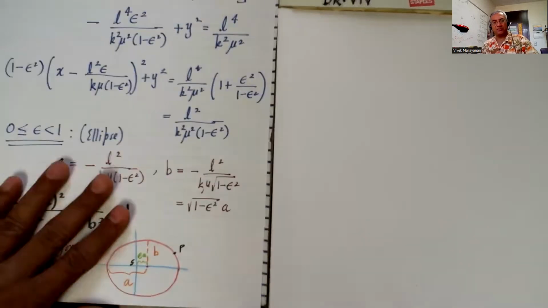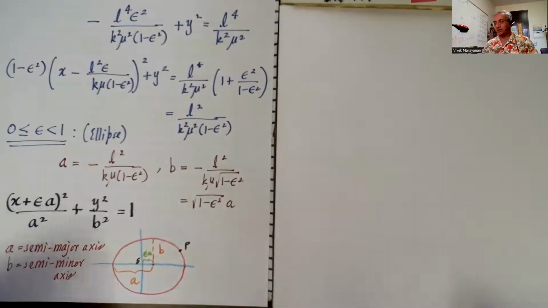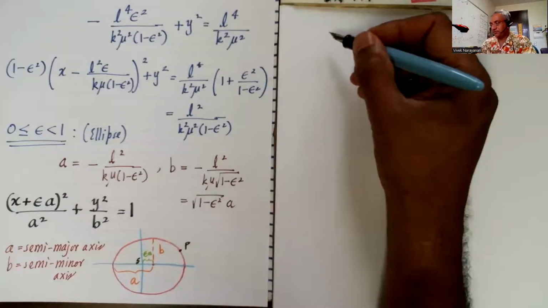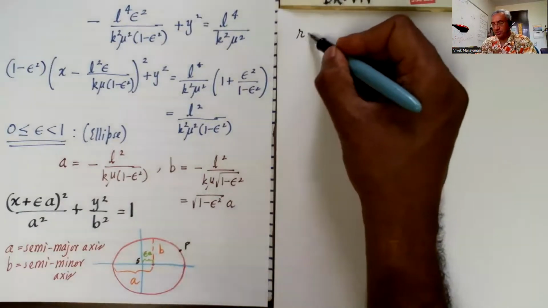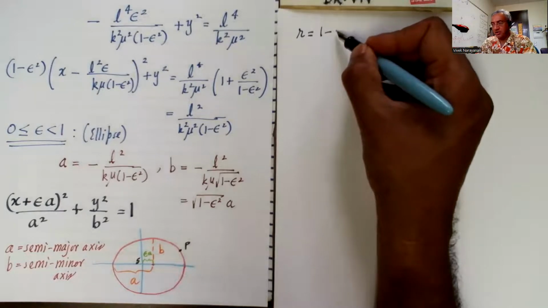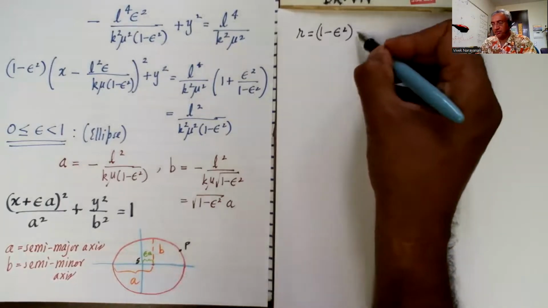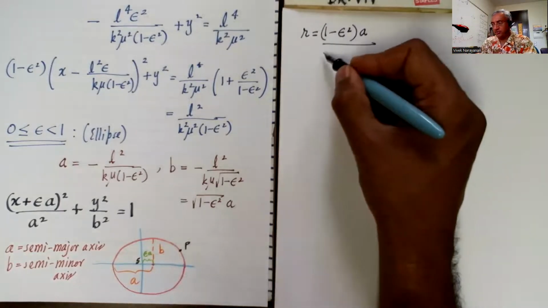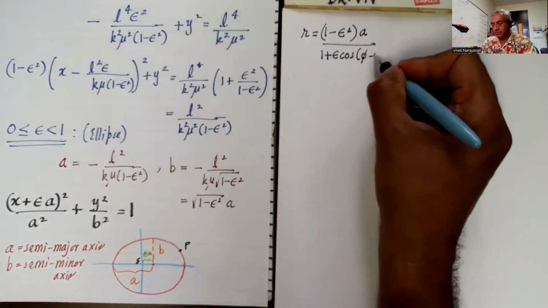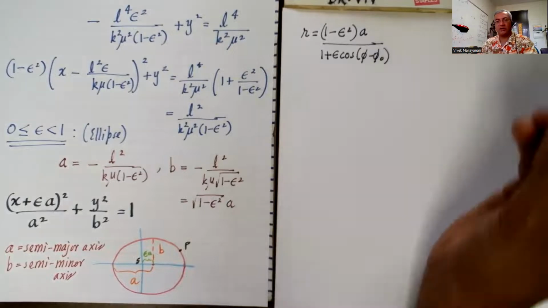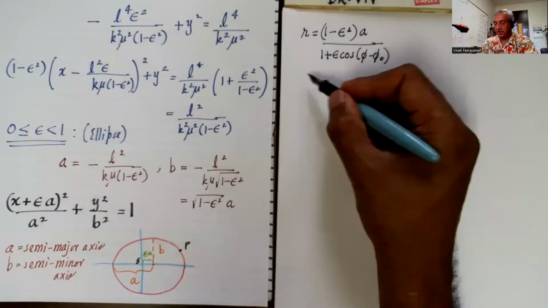Okay. So first of all, the equation for the ellipse, by the way, can be written now in terms of A and B. I'll leave that as an exercise for you as follows. So that's our Keplerian ellipse.